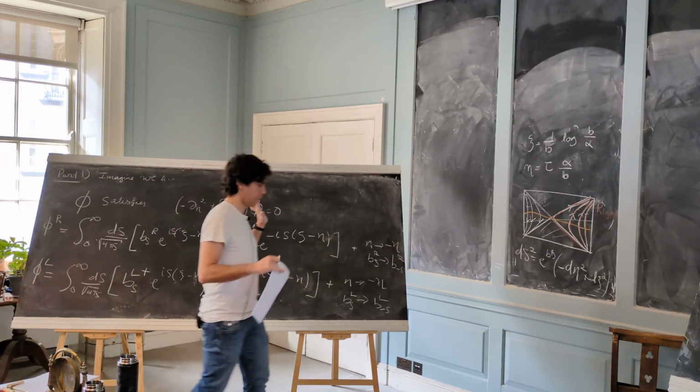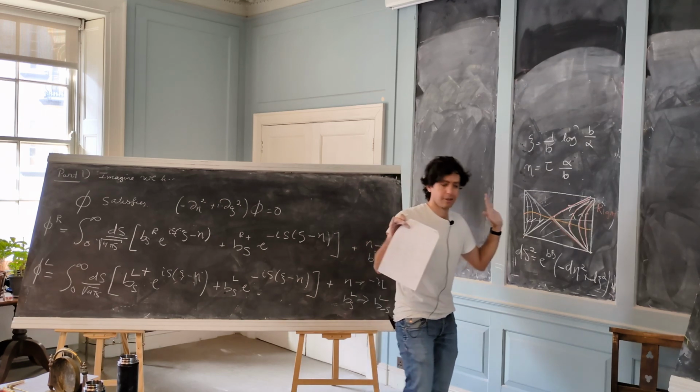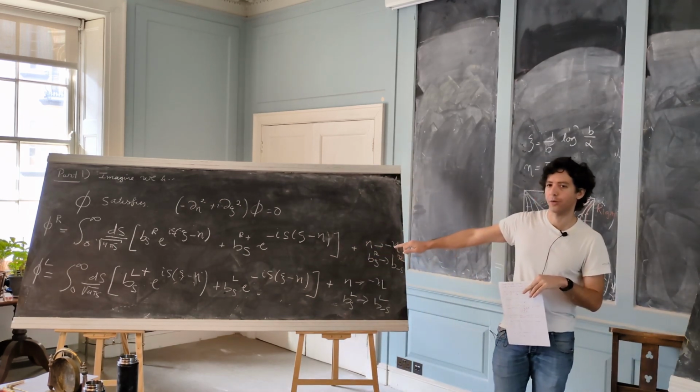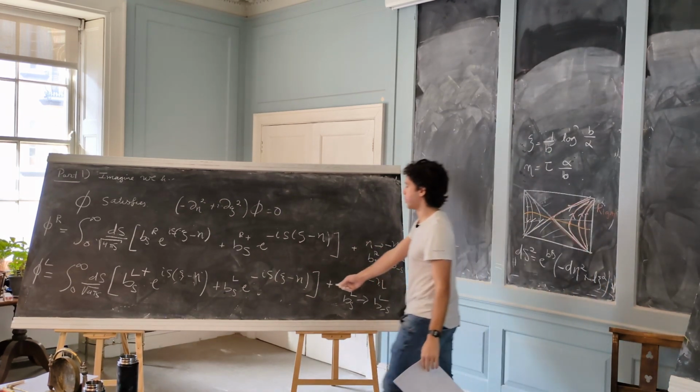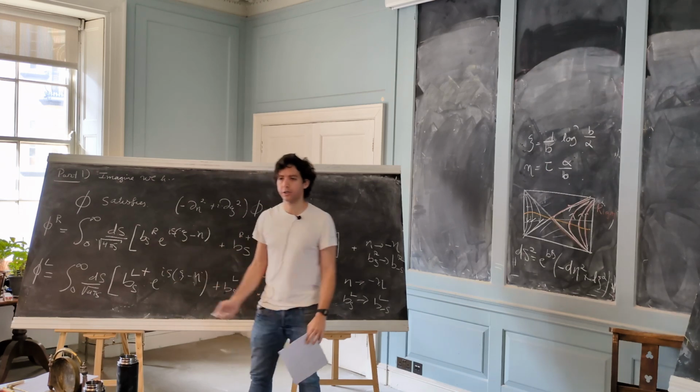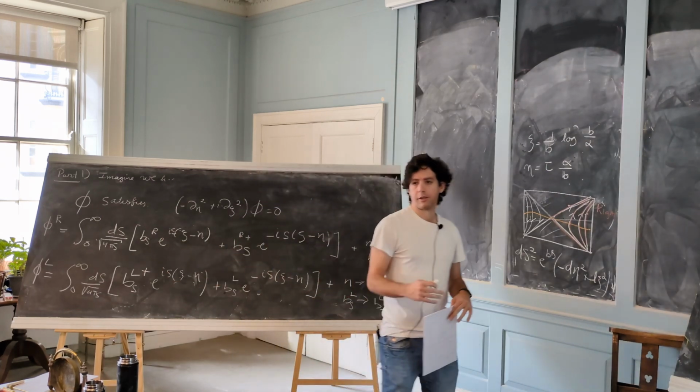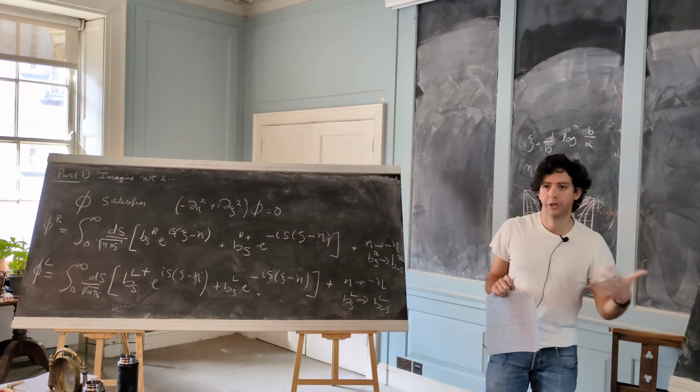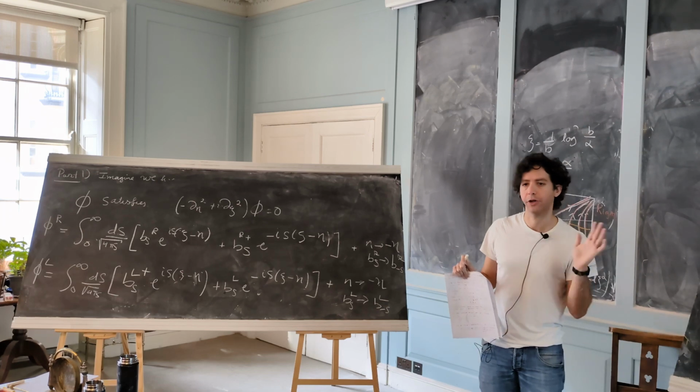So far, I'm not setting any conditions. These are just general solutions to the wave equation, and these B's and B daggers are just quantum operators. So they're allowed. They just act on your Fock space.